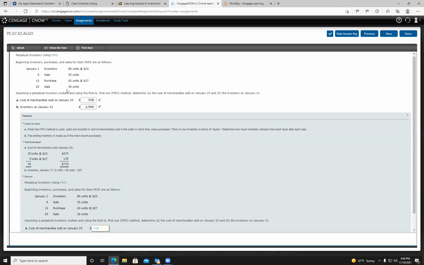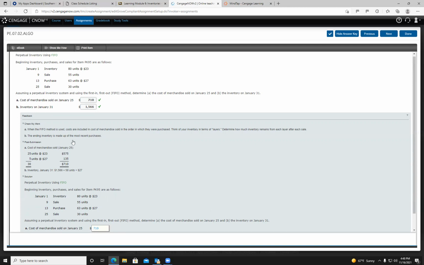For us to be able to calculate the cost of merchandise sold using the FIFO method, we're going to have to do the math of all the items sold. So let's go down here, and it's got a great breakout of the cost of merchandise sold. So with FIFO, we take the first items purchased as the first items sold.